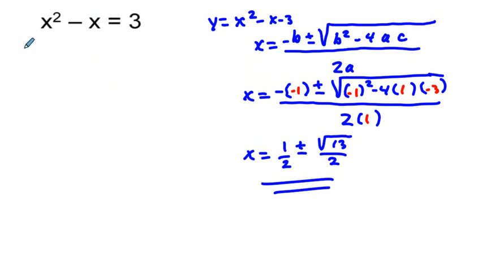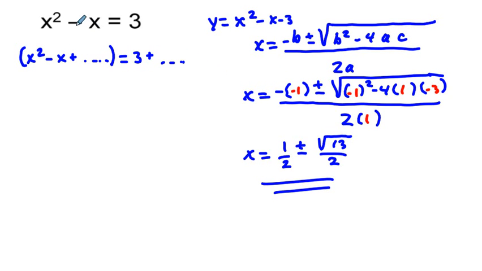To complete the square, we take this x squared minus x and add some number, and on the right side we have 3 plus that same number. What number goes in here to complete this square?